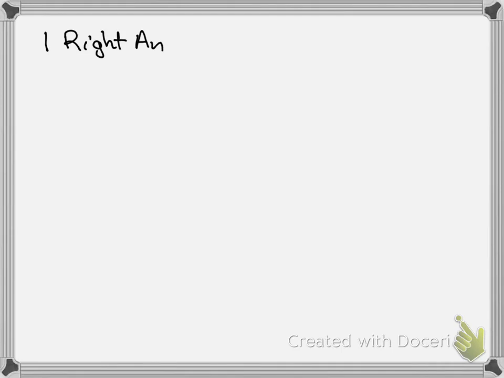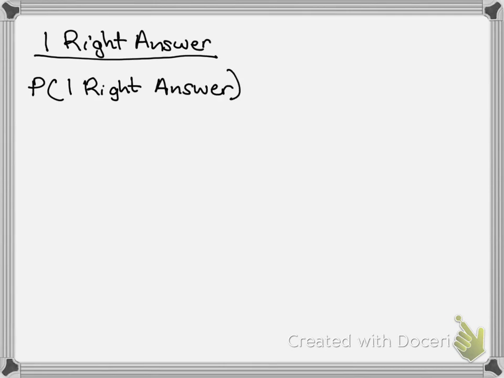Now, what would be the probability to get one right answer? Well, there are two possible cases. Either you succeed to answer correctly the first question and you fail the second question, or, since we are using "or", you fail the first question and you succeed in the second question.